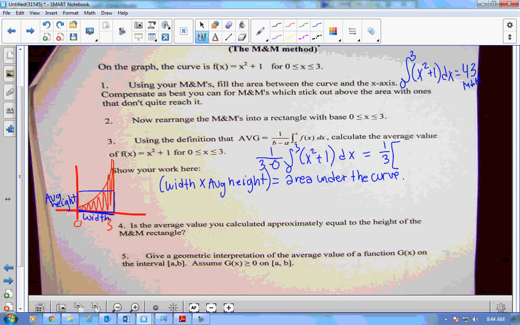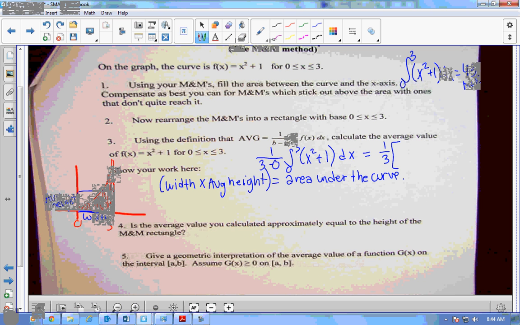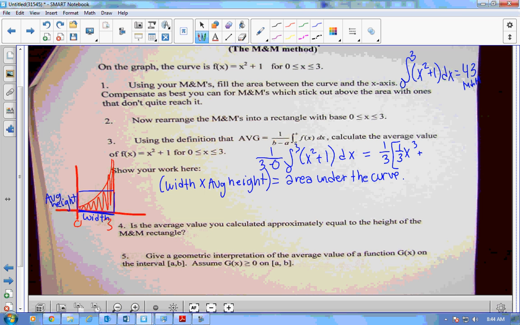If we integrate x squared plus 1, we increase the power and divide by 3, which is just like 1/3, plus increase the power, divide by 1 doesn't do anything, evaluated from 0 to 3.